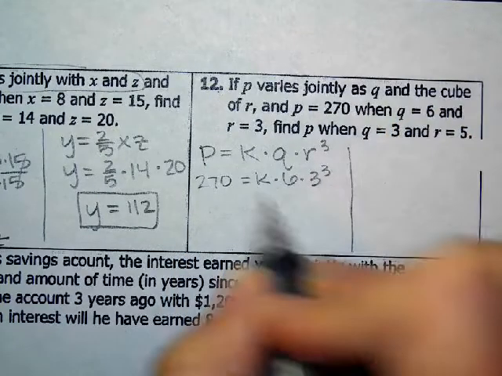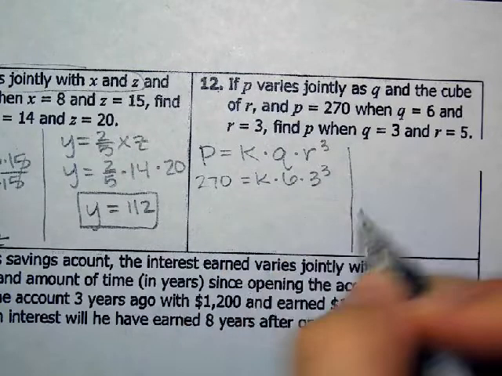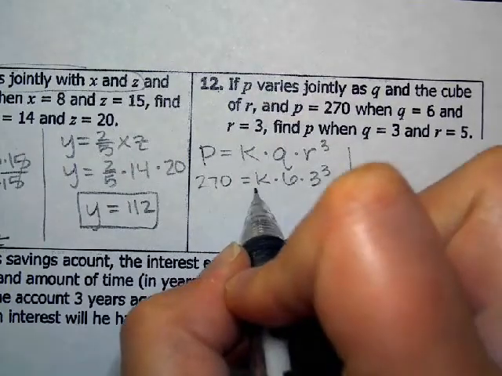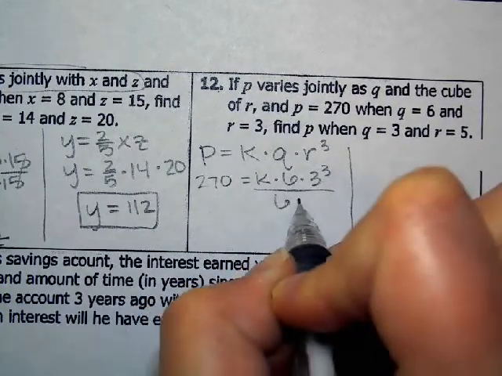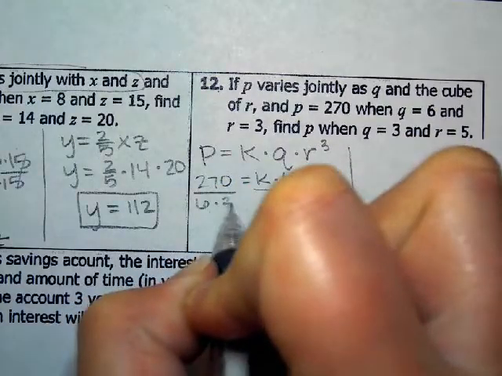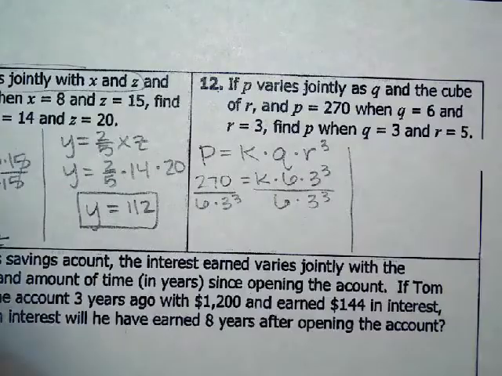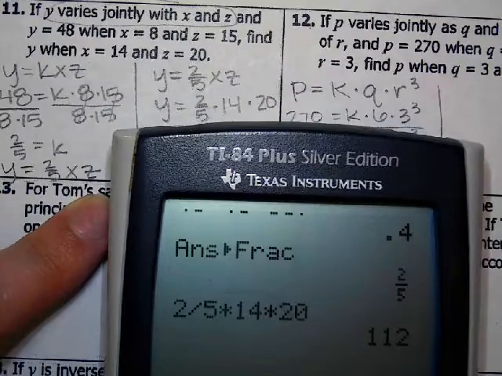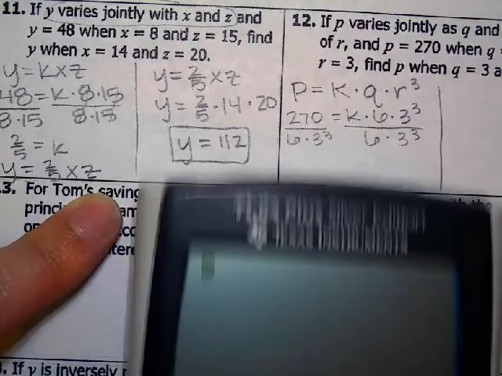Okay, so we're going to find k first. That's always our first goal, is to find that constant. So I'm going to divide by 6, and I'm going to divide by 3 cubed. And I kind of liked the convenience of typing it in as a fraction and already having that k as a fraction. So that's what I'm going to do.